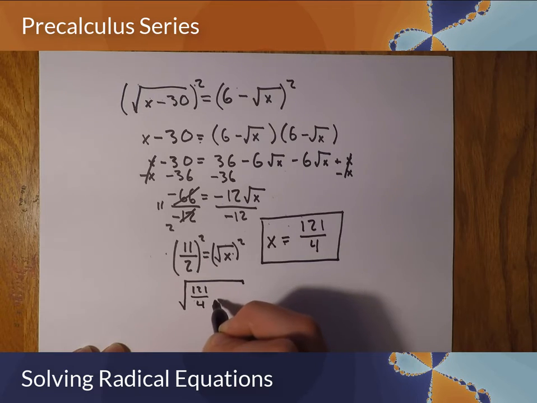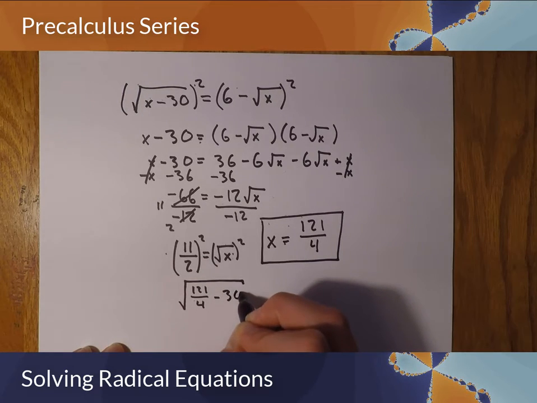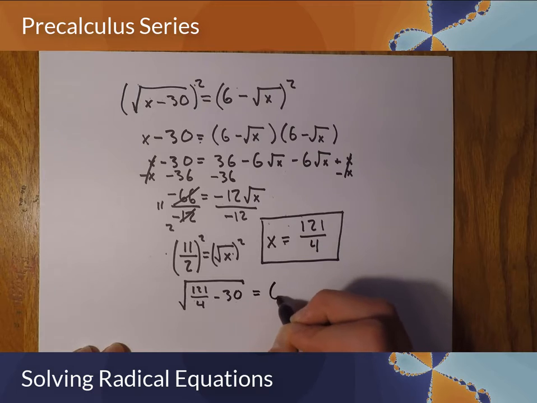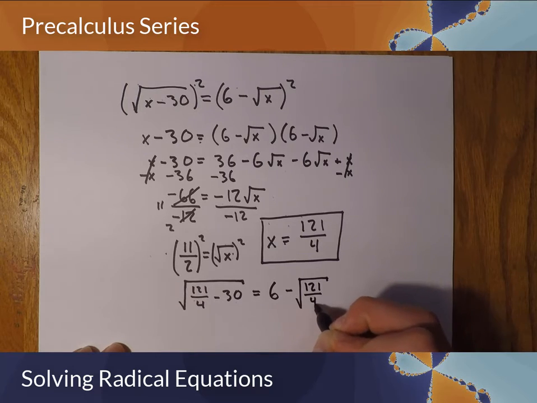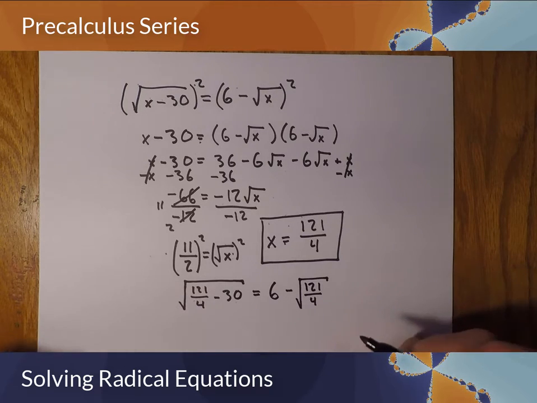121 over 4 minus 30 equals 6 minus 121 over 4. And so I'm going to punch this into my calculator, and I'm going to see if this is equal.